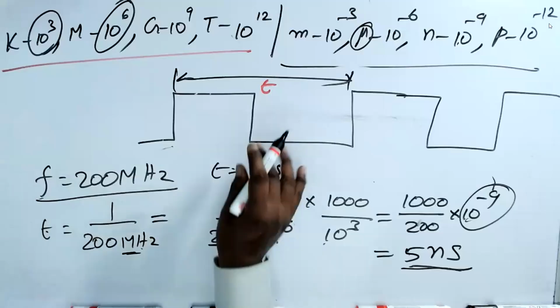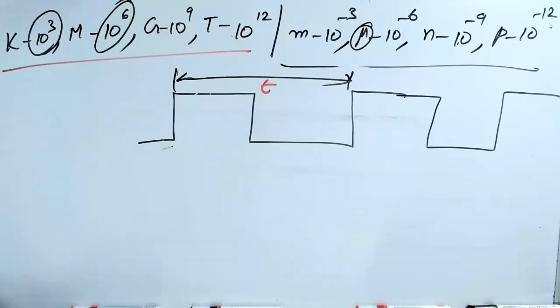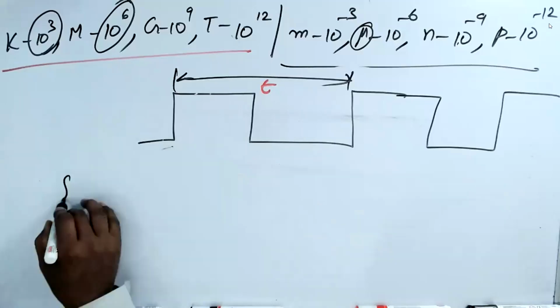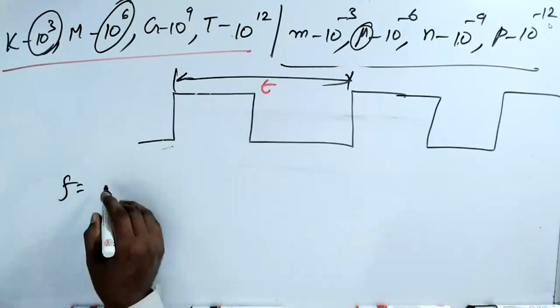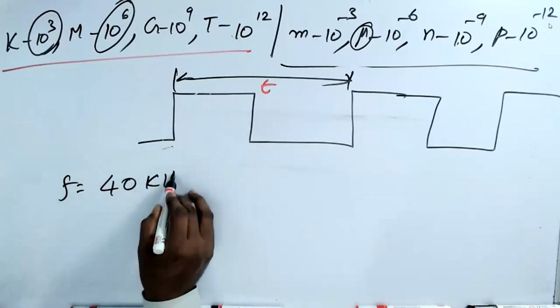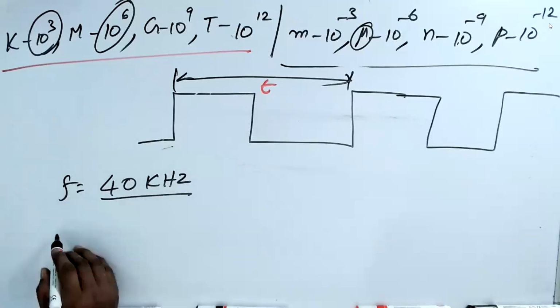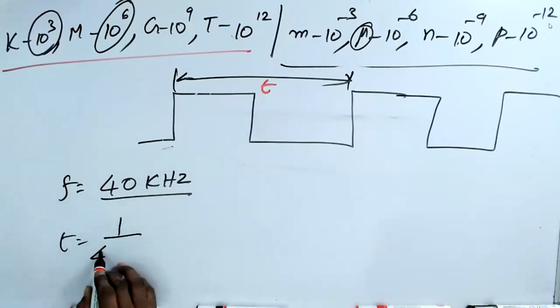That's the last one. Then you should give an answer faster. If I say F is equal to 40 kilohertz, it's very easy. T is equal to 1 by 40 into 10 power 3, because kilo means 10 power 3.